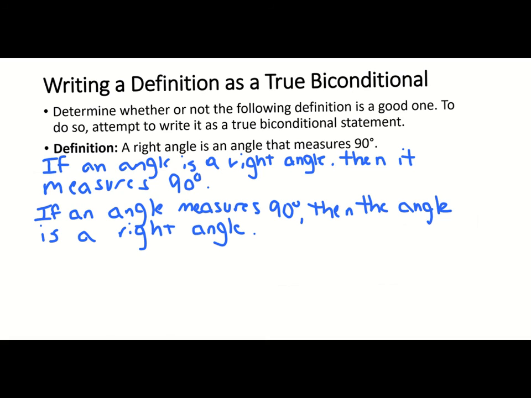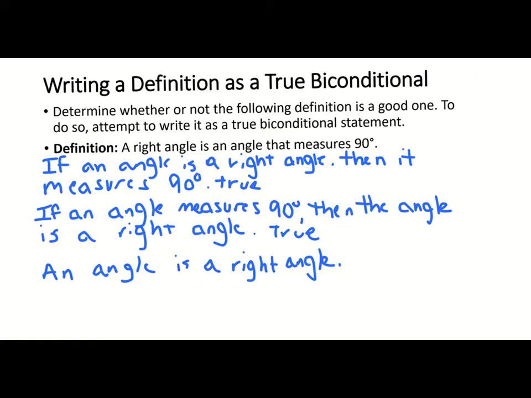So because the conditional is true and the converse is true, we can write this as a true biconditional statement, and it's a good definition. So we would say an angle is a right angle if and only if it measures 90 degrees.